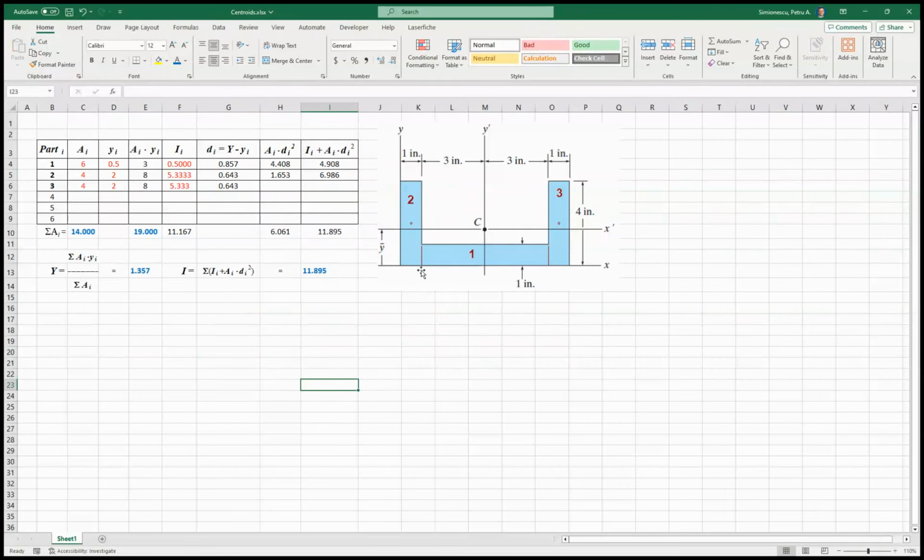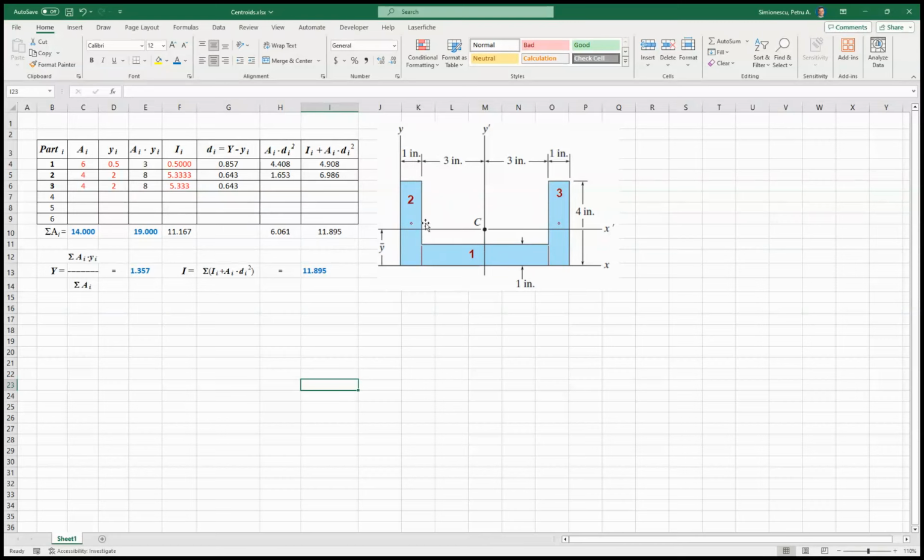Okay, so I have the distances again. We are calculating the area moment of inertia of the shape relative to the centroidal axis x prime. So the distance from the centroid to the centroid of shape 1 is 1.357 minus 1/2 of an inch.